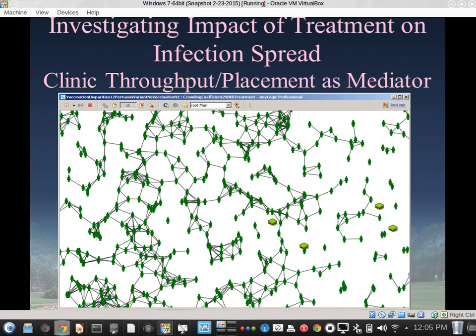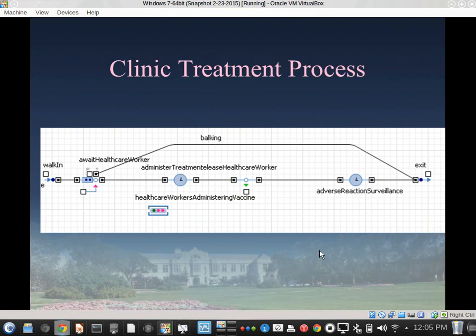So, for example, we could look at the placement of clinics within a population. These are populations of agents, and these are clinics, and each clinic can have in it, for example, a trivially simple representation of the flow process. You could do this for care, for the caseworker processes, the processes associated with gating people through the system for social services, or for the delivery of services for people with intellectual disabilities or people with mental health issues.